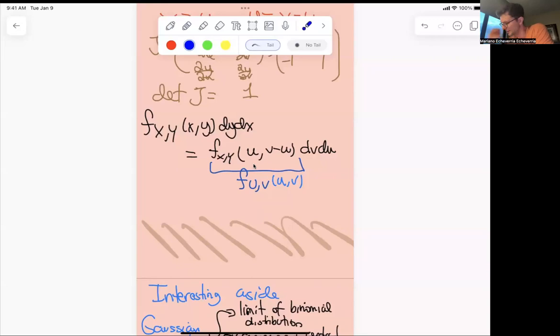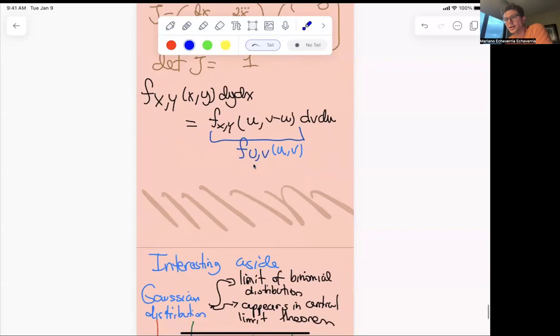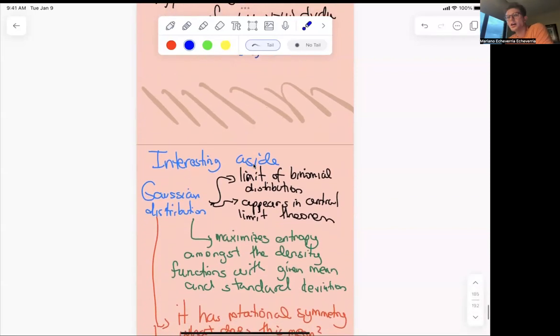If it were f of u comma v, then yes. But the second argument involves the first, so it also depends on the value of the first one. That's why the sum of the random variables is not just looking at the area or something like that.